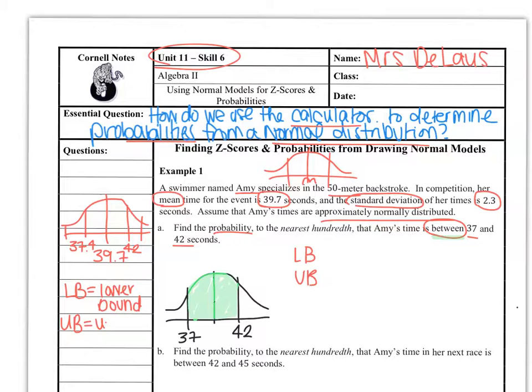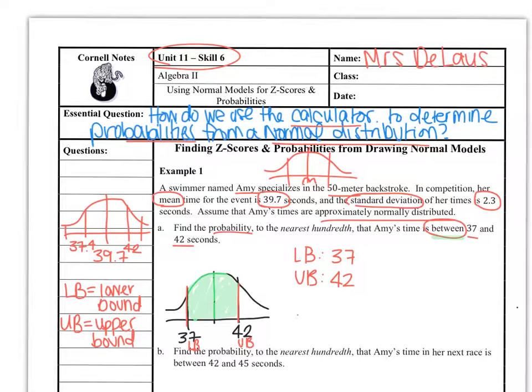That way you can refer back to that language. So lower bound is literally the lowest we can go, and upper bound is the highest we can go. So if I have 37 and 42, the lowest we can go is 37, so that's my lower bound, that's 37. My upper bound must be the 42, because I want to stay in between those two things. I don't want to go beyond it in either direction.